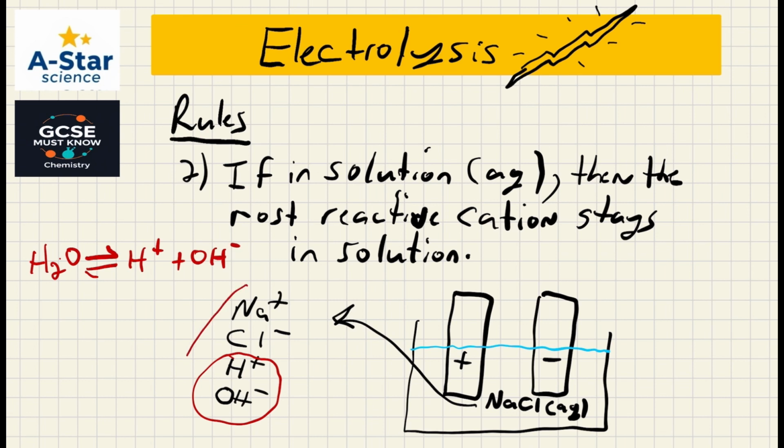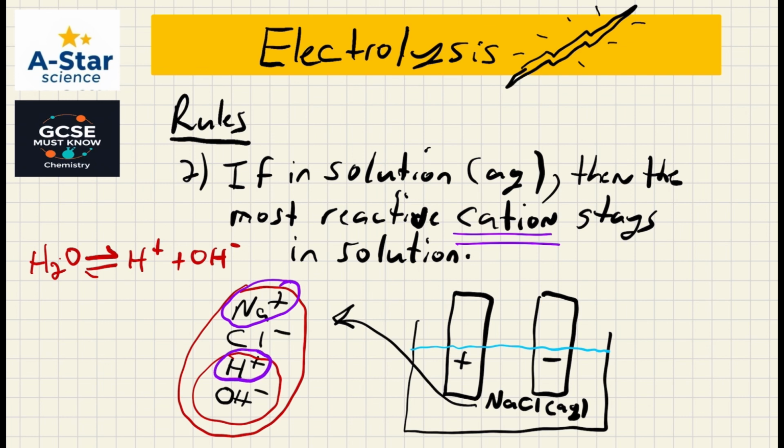So now I'm going to have 4 different ions. And let's look at the rule. The rule says that the most reactive cation stays in the solution. Now remember, the cations are the positively charged ions. So that's the sodium and the hydrogen.